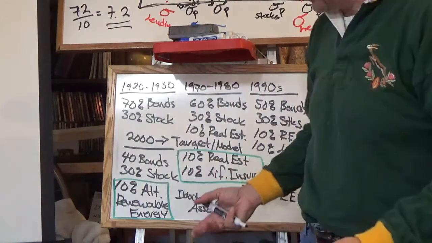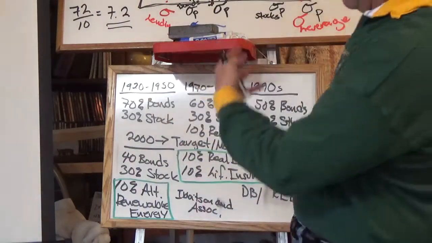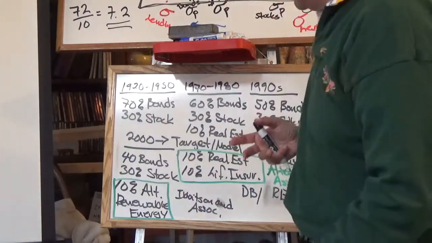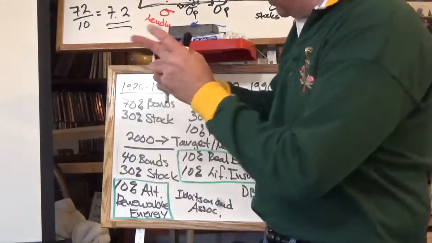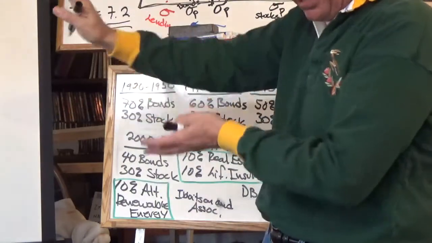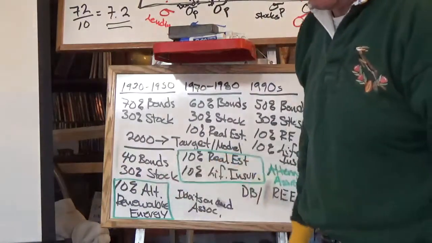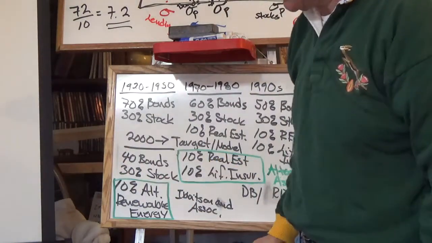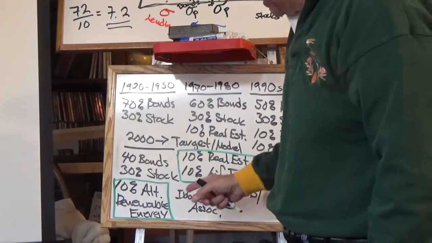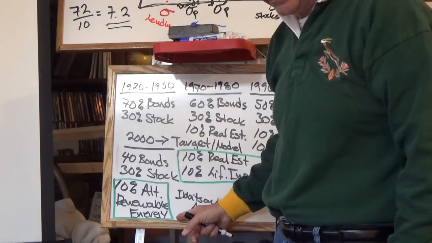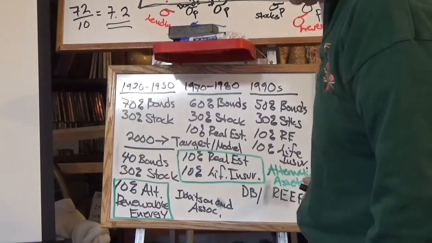Based on research from Deutsche Bank Reef, they ran the analysis again and said you need to have 10% of your target portfolio and your model portfolio for the next 40 years in alternative renewable energy. Now real estate, life insurance, and renewable energy are what are considered alternative assets, or alts.